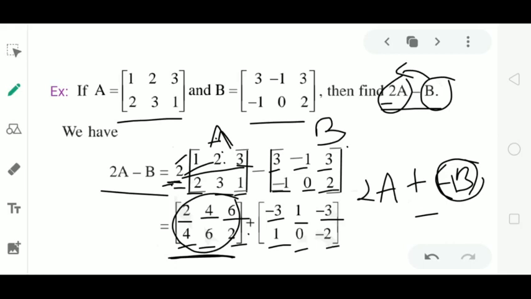So you can also write 2A minus B as 2A plus of minus B, or directly we multiply minus 1 to each element of B.